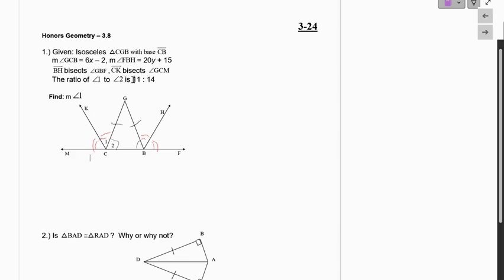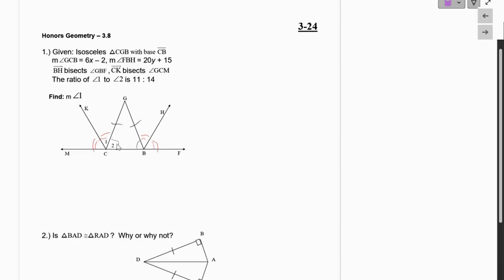Now, the part that makes this problem where you have two options is the second part here where it says the ratio of angle 1 to angle 2 is 11 to 14. So I'm actually going to do it based on that, but I will kind of real quick talk. So GCB is angle 2, FBH is this angle out here.